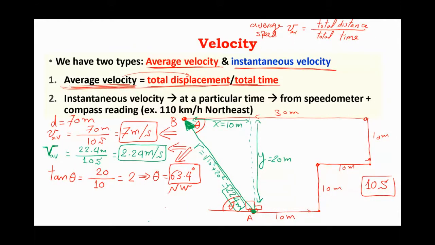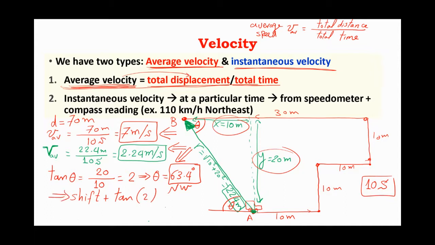Okay, guys? Do you have a question here? Do you understand it? How is it equal to 63.4? Tan theta is y over x, 2 over 1 or 20 over 10. Then you press shift plus tan on the calculator.